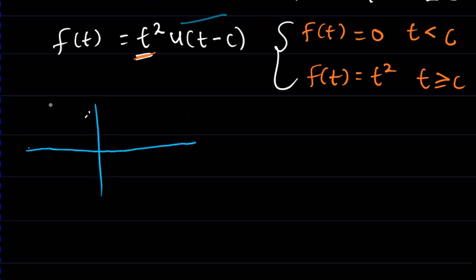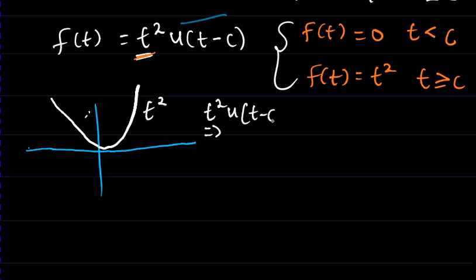So this is how the graph normally goes. This is the graph of t square. Now, when this particular graph is passed through a unit step function at t being equal to c, you know exactly what will happen.